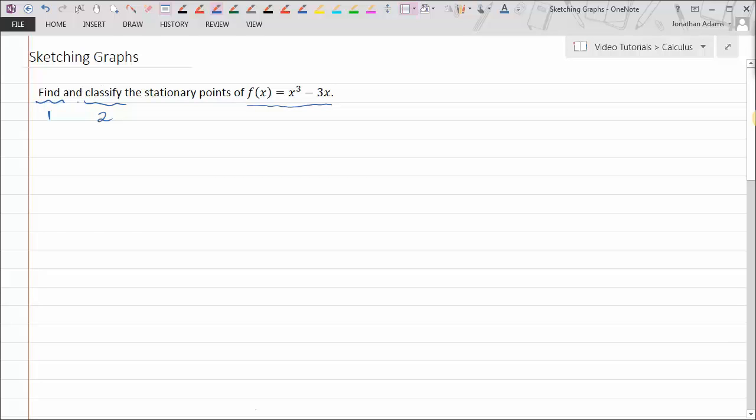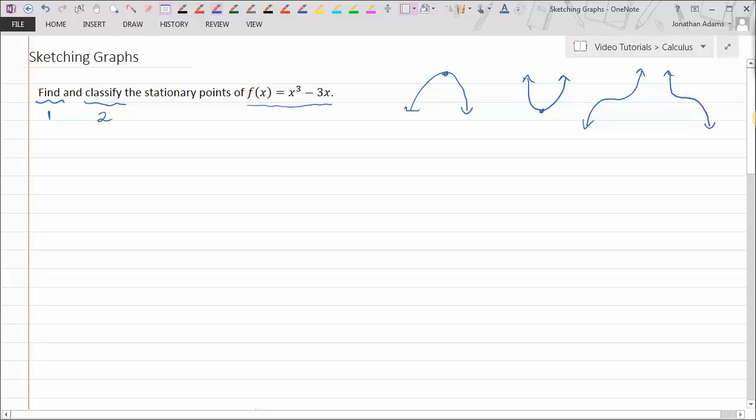And to classify, that just means to decide whether the stationary points are maximum points, like this one, whether they're going to be minimum points, like this one, or whether they're going to be some kind of horizontal inflection point. So something like this, a place where the function comes up, flattens out, and then keeps going in the same direction.